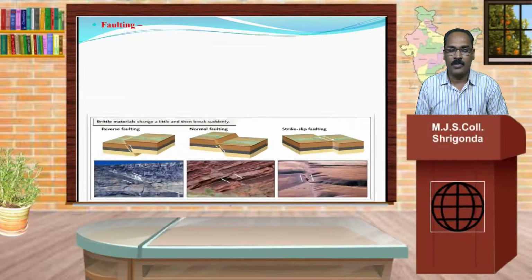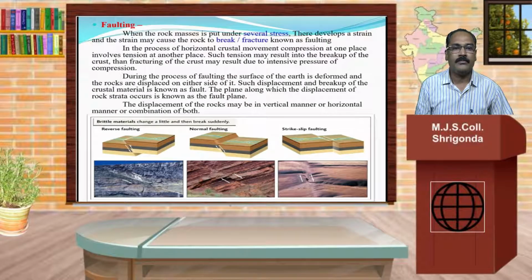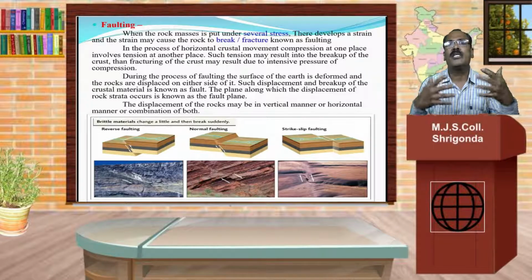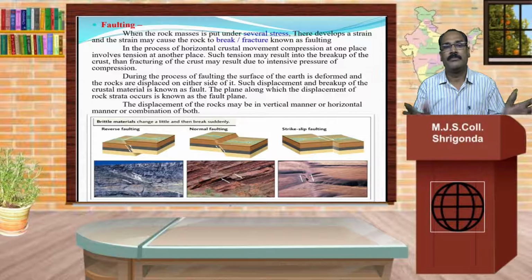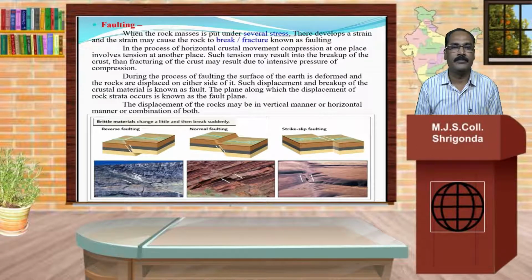Faulting. What is meant by faulting? Here, fault means cracks. When rock masses are put under several stresses, a strain develops, and that strain may cause the rock to break and fracture, known as faulting.